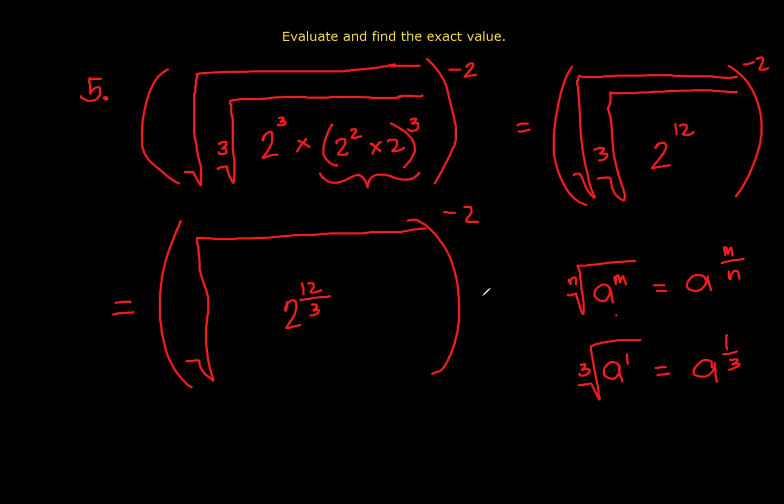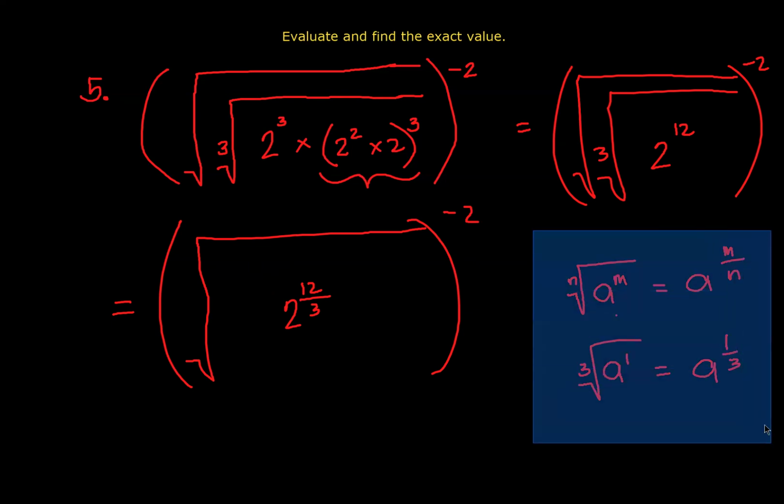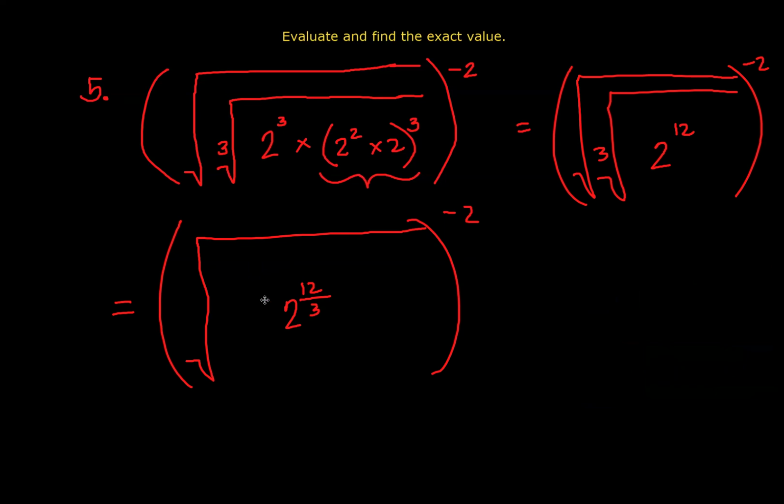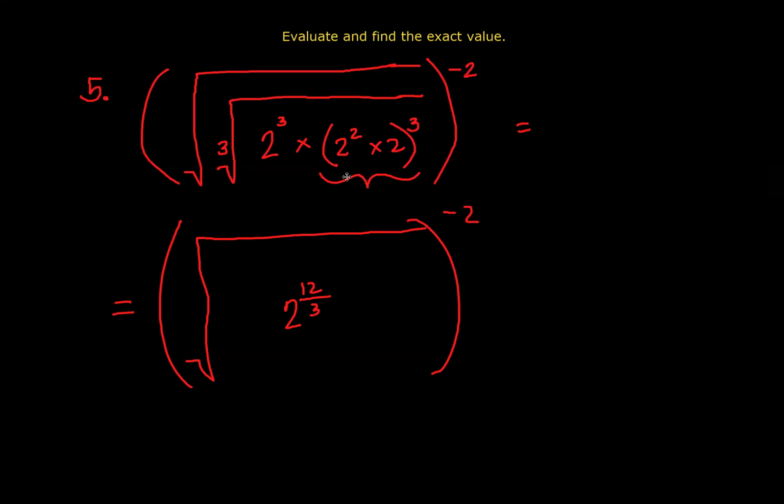Okay? So the next step will be to simplify 12 all over 3. Well, we know that 12 divided by 3 is 4. And we can now get that one as the square root of 2 raised to 4, raised to negative 2.